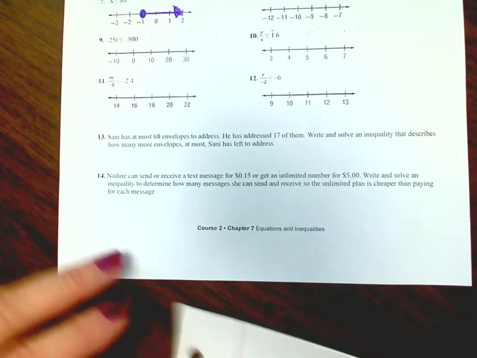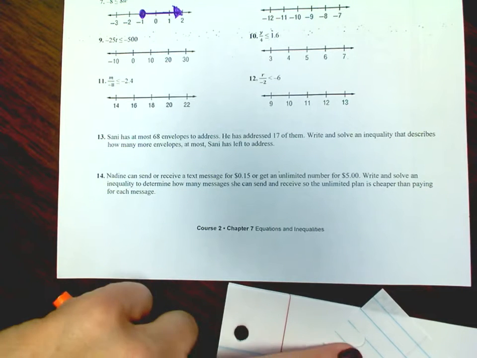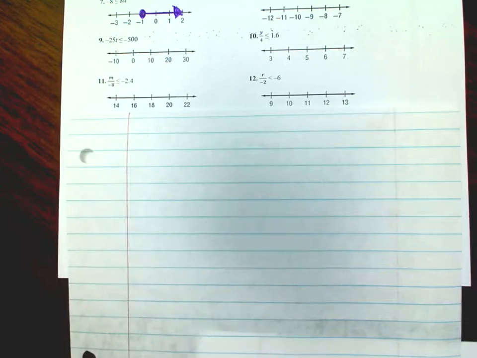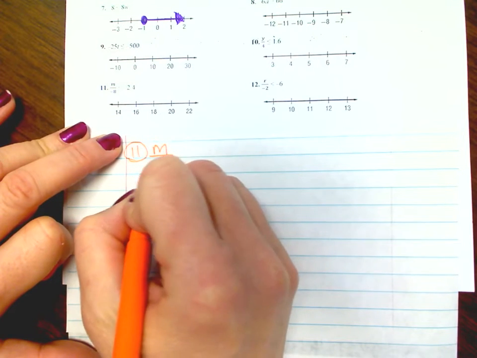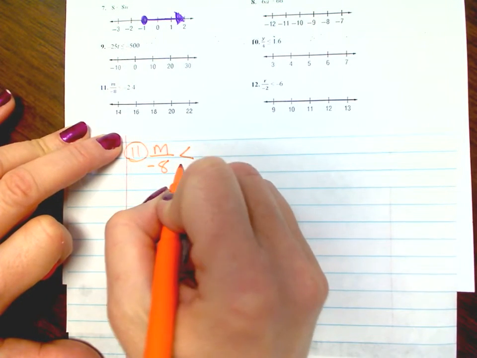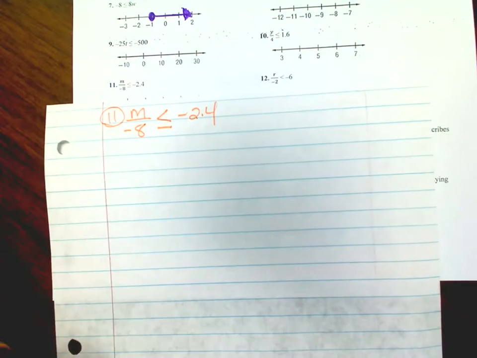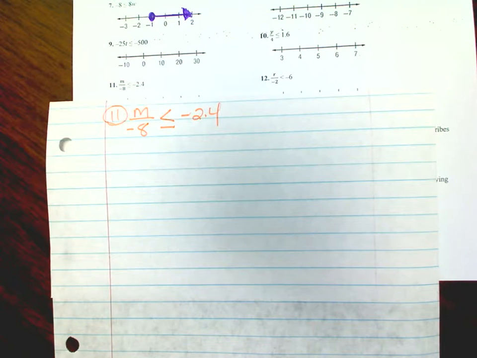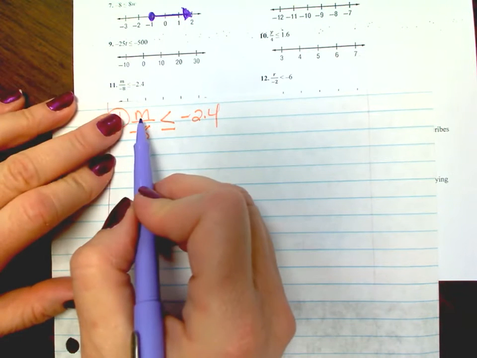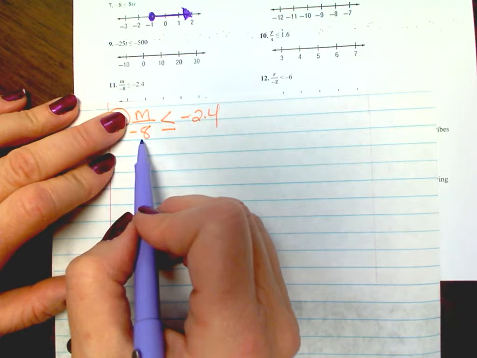Okay, let's look at number 11. You have m over negative 8 is less than or equal to negative 2.4. So again, find your variable, and my variable is m. What is it doing? It's being divided by negative 8.